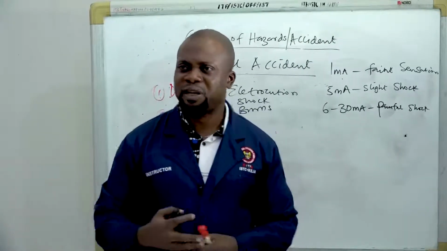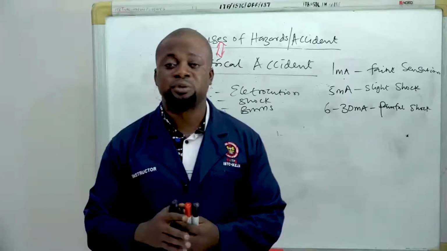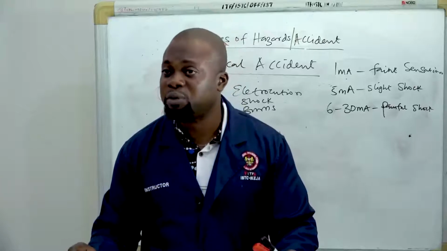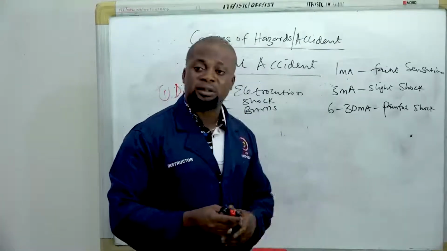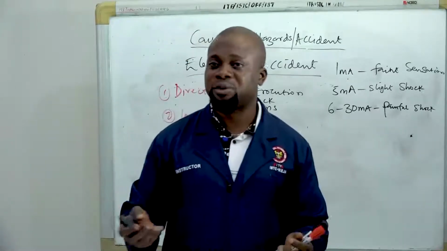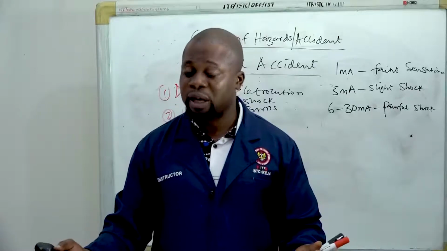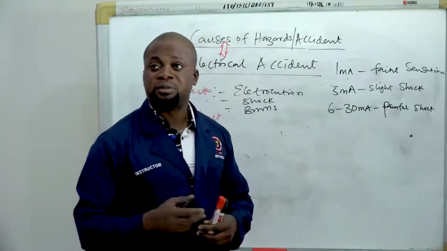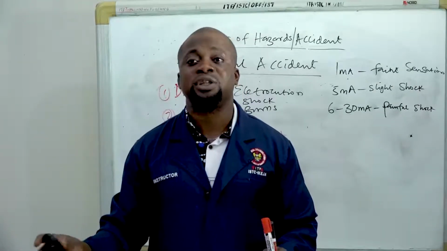50 to 150 milliamps is extremely painful. As it increases, that is, when you make contact with a higher amount of current, the effect is deadly damage, cardiac arrest. When it comes to 10,000 milliamps, that is 10 amps, or even as small as 1 amp, death has already occurred.